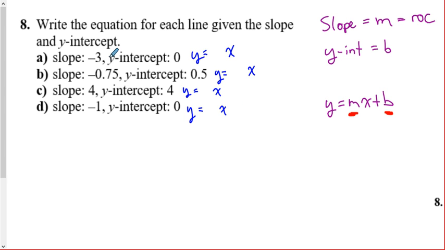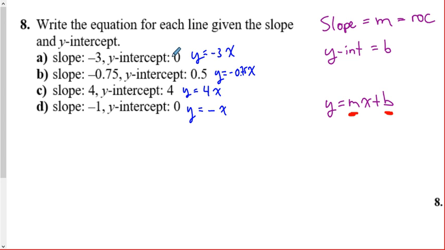Now what do I put in front of the x? Well, I put the slope. So my first one is a -3. The second one is a -0.75. Let's see if I can make that fit, just barely. Then I've got a slope of 4. This one has a slope of -1, so I'm just going to write negative because we don't usually write the 1. But it means the same thing.